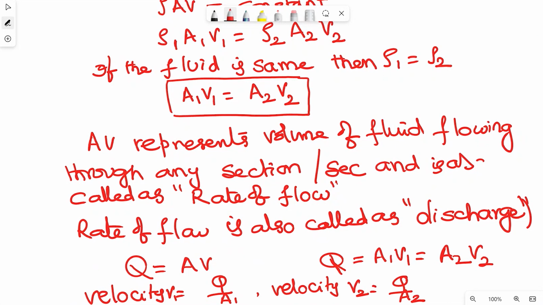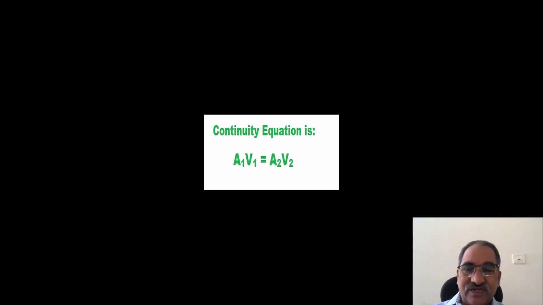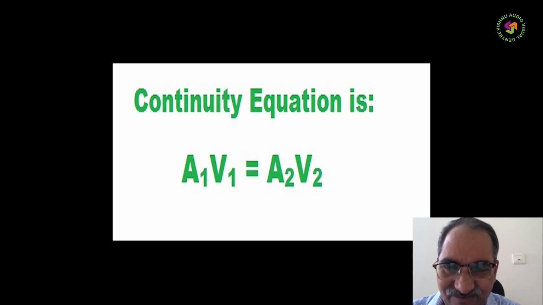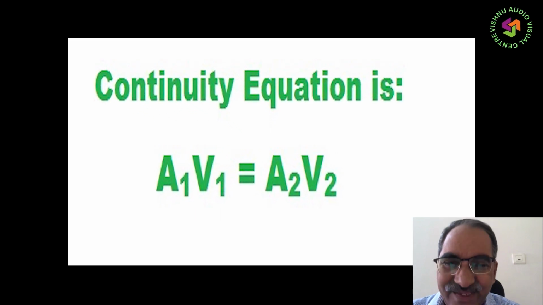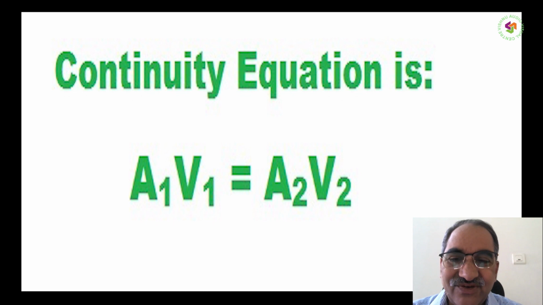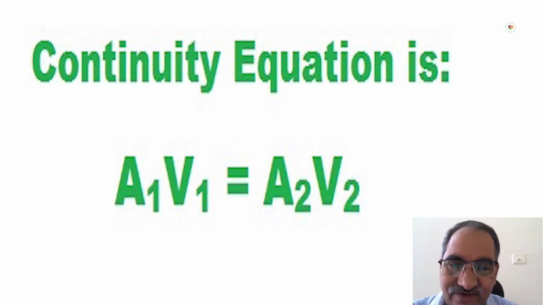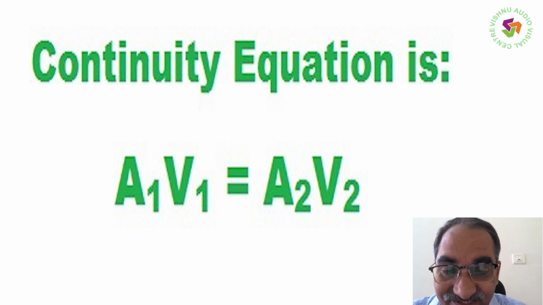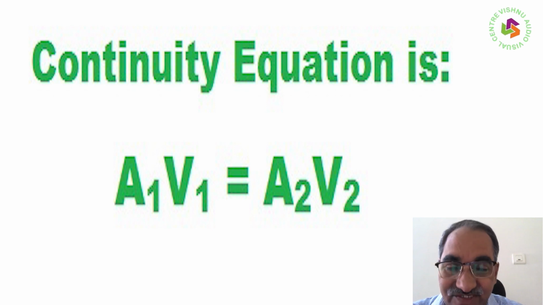What is the definition of discharge? It is the volume of water flowing through any section of a pipe per unit time, that is per second. This is what we require in many of the problems in fluid mechanics. Discharge is equal to area multiplied by velocity, and this is the equation we will use.